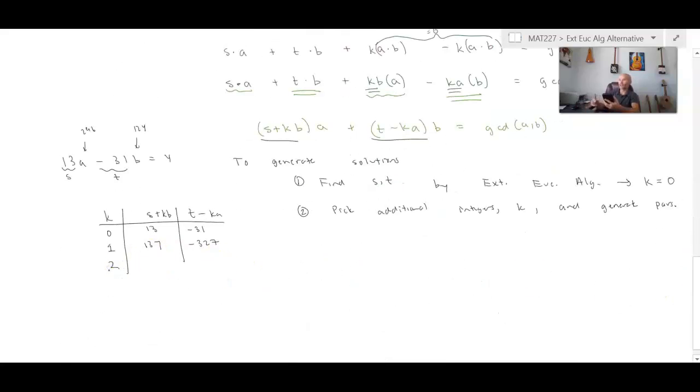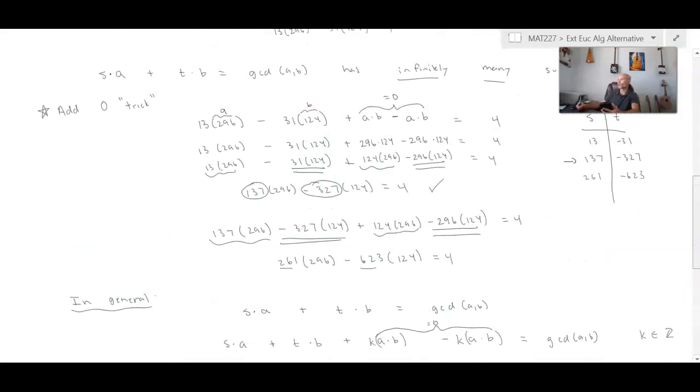I can now do s plus kb, so maybe I'll write that out up here. This is really just 13 plus k times 124. This here is negative 31 minus k times 296. So if I take 13 plus 2 times 124, I get 261. And then if I take negative 31 minus 2 times 296, I get negative 623.